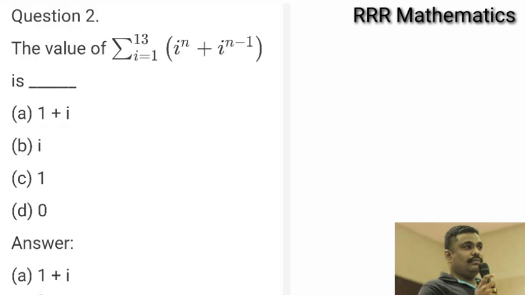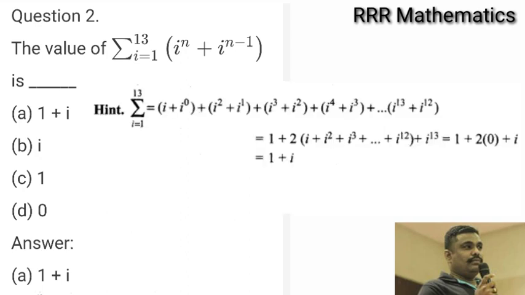Question number 2. The value of sigma n equal to 1 to 13 within bracket i^n plus i^(n-1). In this case, you want to replace n equal to 1, 2, 3, etc., 13. For the first term, i power n, when you replace 1, 2, 3, etc., 13, we will get i plus i square plus i cube plus i power 4, etc., i power 13.